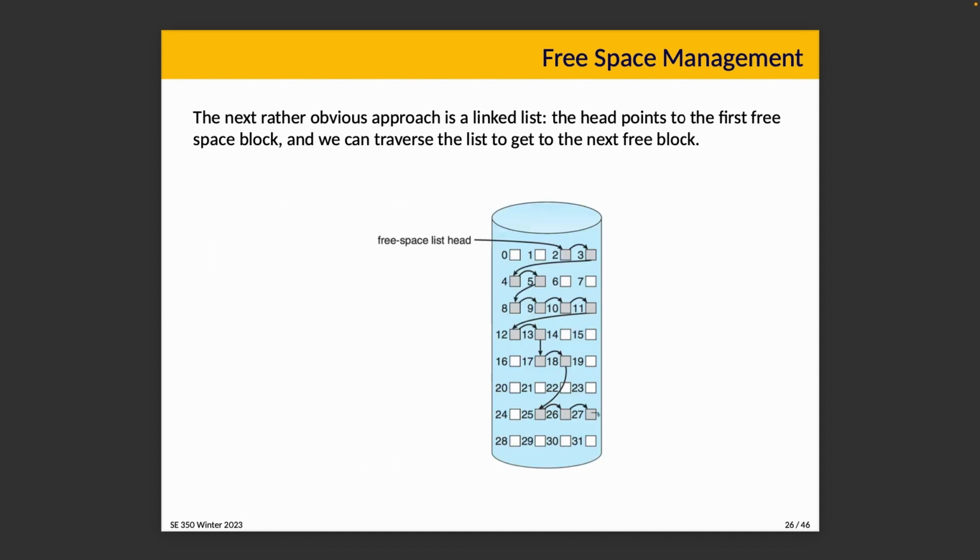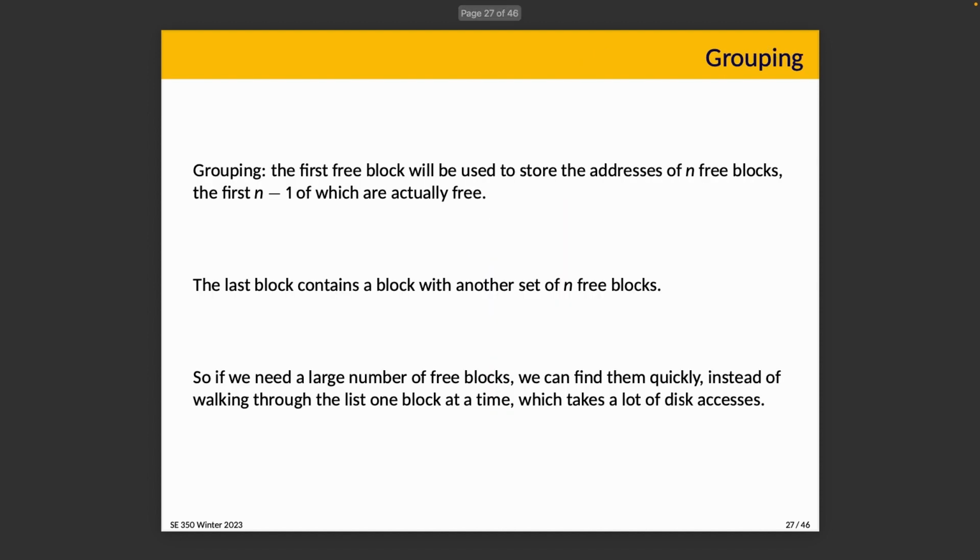And the next rather obvious approach then is, instead of having this bit vector, we'll just maintain a linked list of free blocks. Whenever we need to allocate a file, we'll just take it out of the linked list, and then there's kind of no problem, right? To make that list a little bit more efficient, recognizing that potentially large areas of the disk are free, what we'll do is group them.